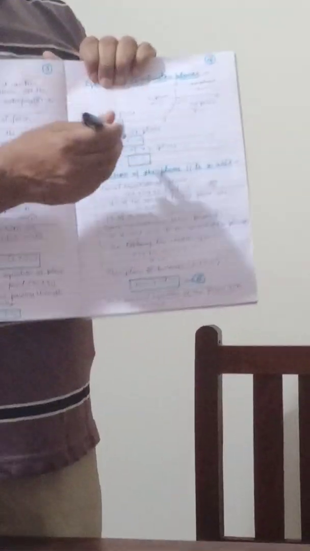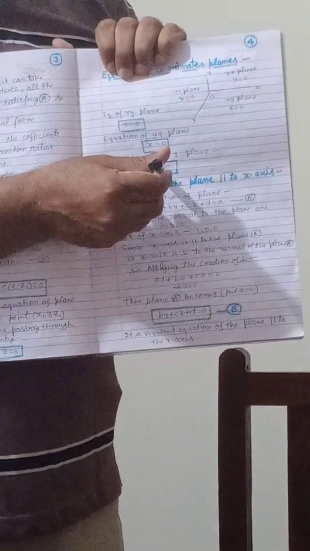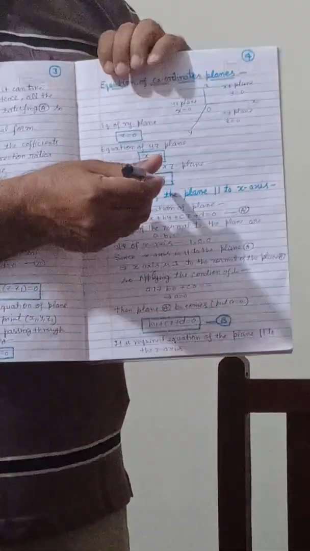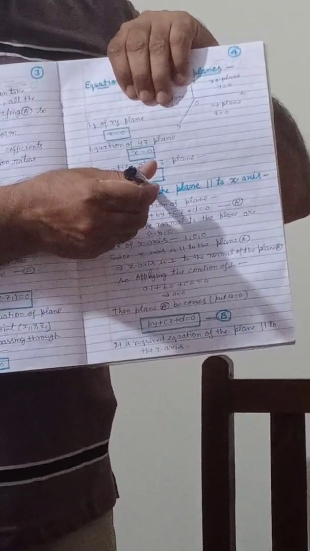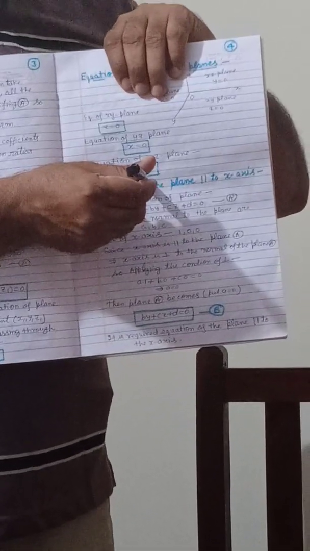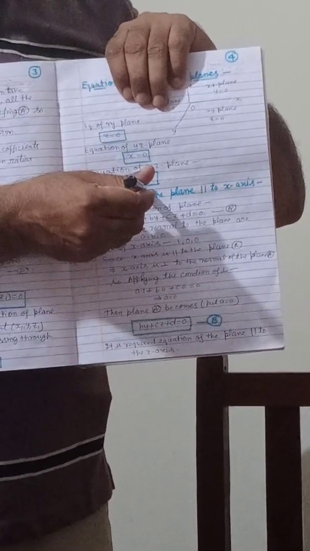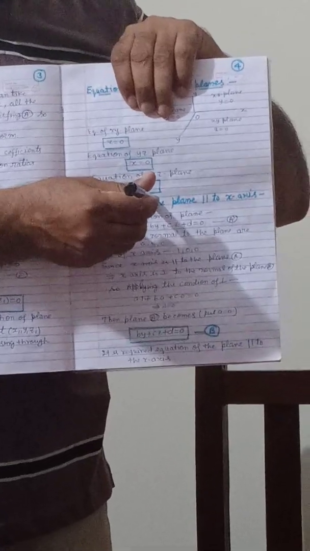What it means: clearly see that if this copy you are seeing is a plane, then any line perpendicular to this paper is normal to the plane. So if this plane is ax plus by plus cz plus d is equal to 0, then a, b, c are the direction ratios of this normal.